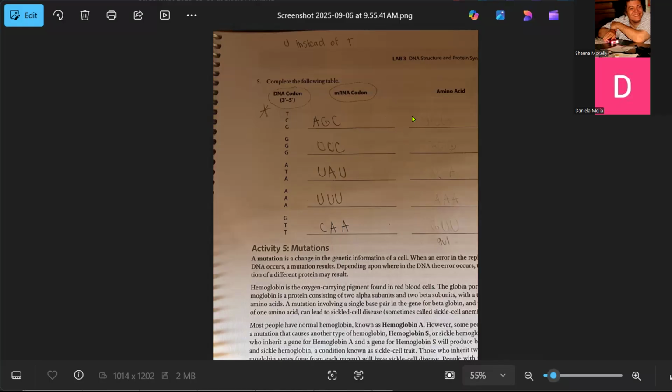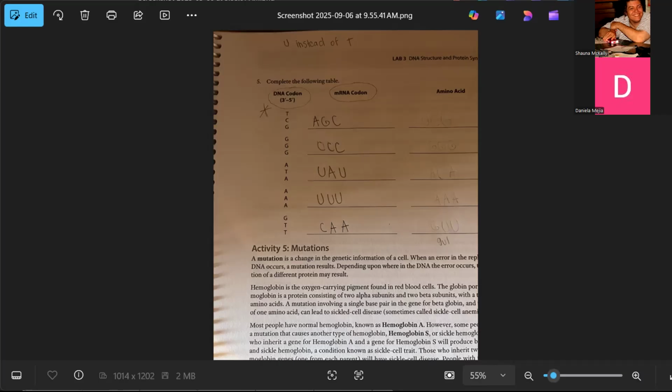So this was serine, proline, triazine, phenylalanine, and then the last one was a stop codon. Then we had activity 5, which is mutational. It talks about mutations, and it talks about hemoglobin and sickle cell disease.